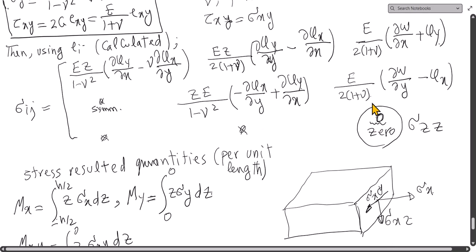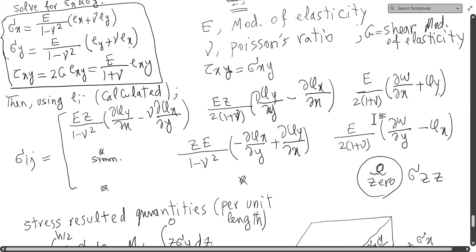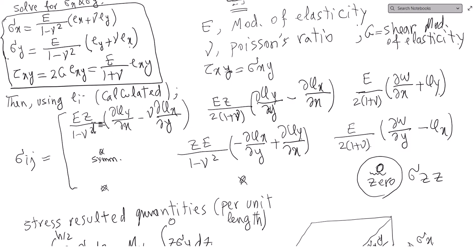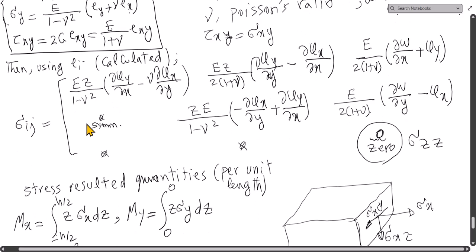There is a very important point to pay attention to. If you look at these stresses, for example sigma x, everything except z is obviously a function of x and y. So basically, we can say that this stress is a linear function of z at any given x and y location.